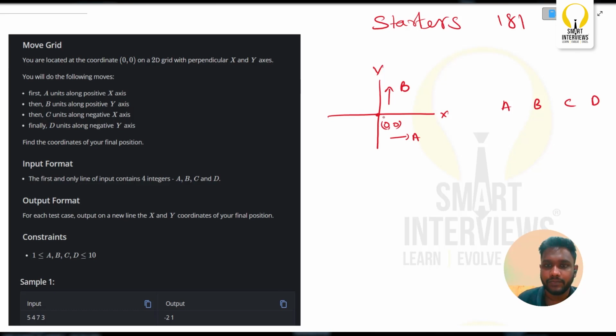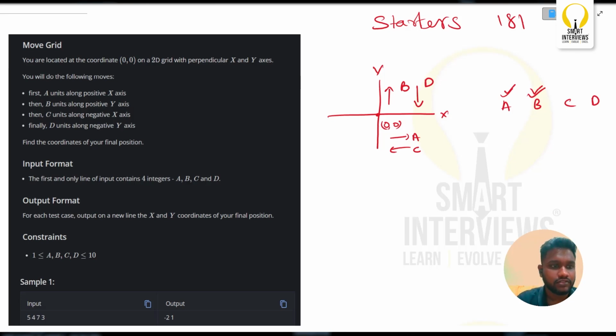So from whatever point we reach in the x-axis after processing A, we'll go back by C units. Similarly, whatever position we reach after processing B in the y-axis, D is going to be the complete opposite. We are going to go in the negative direction.